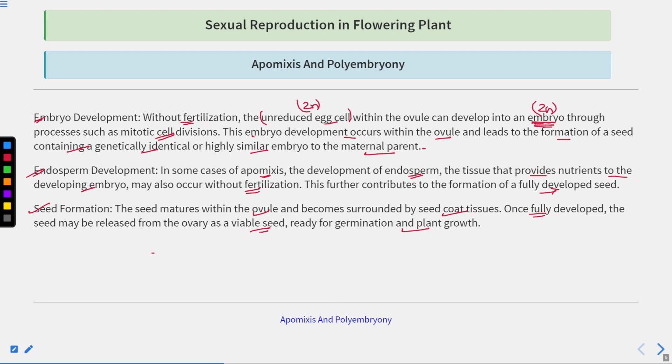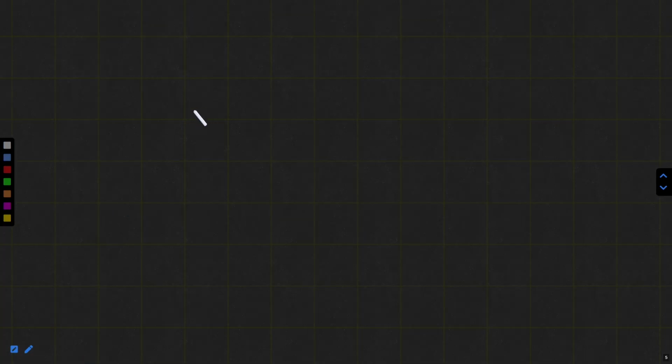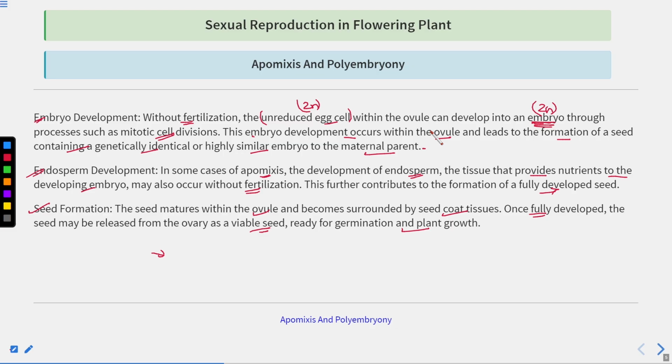Okay, so one of the most common reasons is what? We're talking about apomixis. One is the formation of the unreduced egg cell.